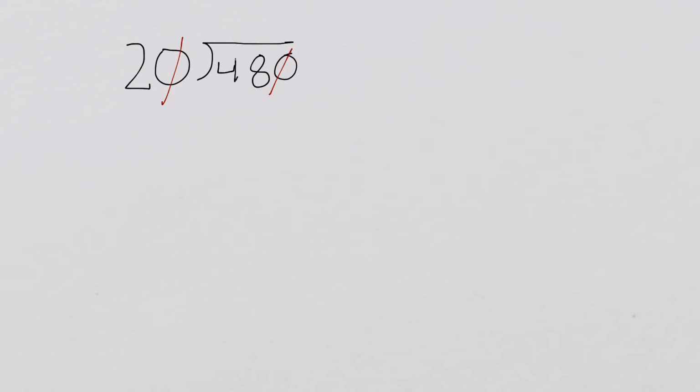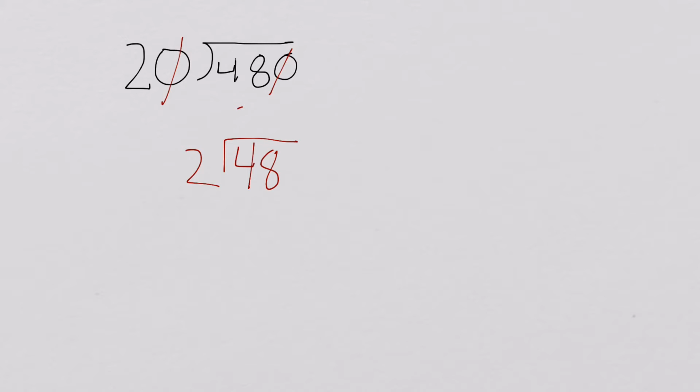So now, instead of dividing 480 by 20, I'm actually going to be solving 48 divided by 2, because we got rid of this 0 by getting rid of that 0, and vice versa. And all we're left with is 48 divided by 2. Well, that's a simple problem. Our answer is actually still going to be the same.